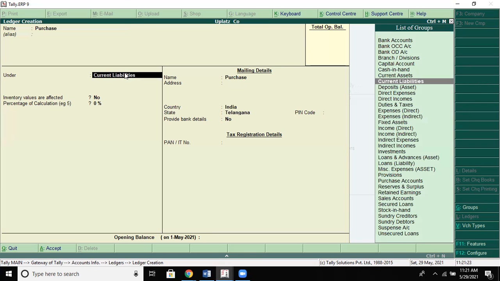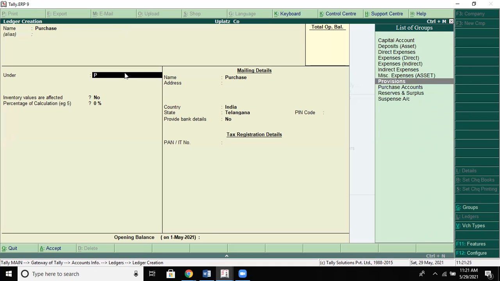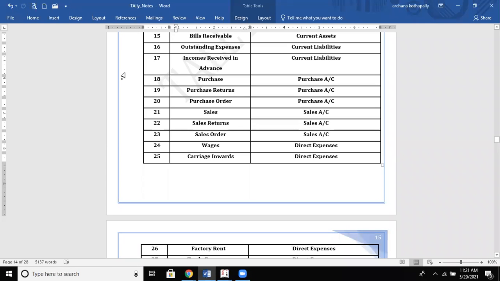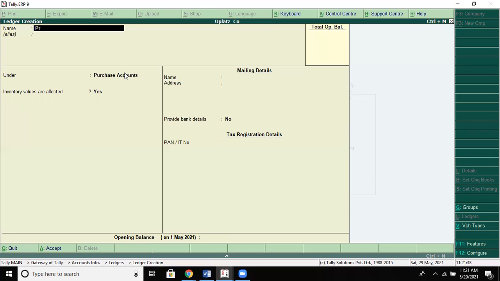Then purchase. So purchase account directly comes in purchases itself. So purchase accounts, inventory values, yes, it is affected. Then purchase returns, always in purchase account itself.